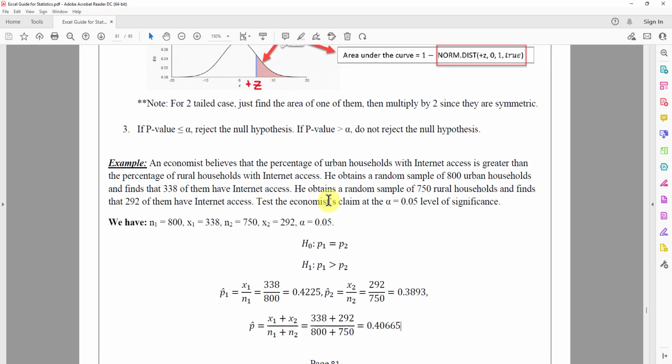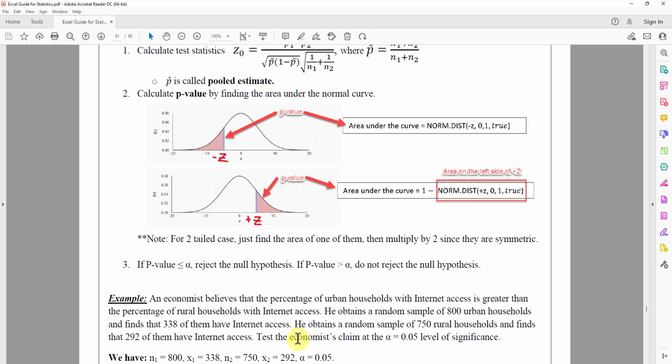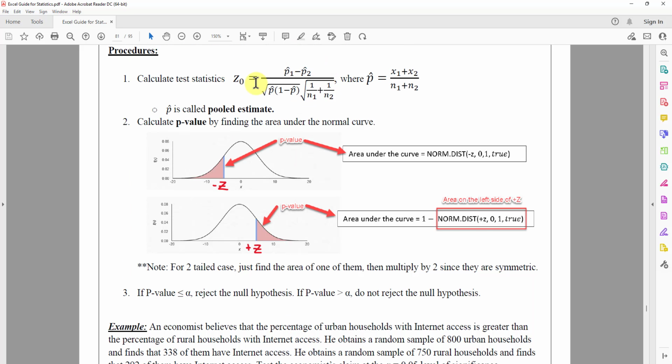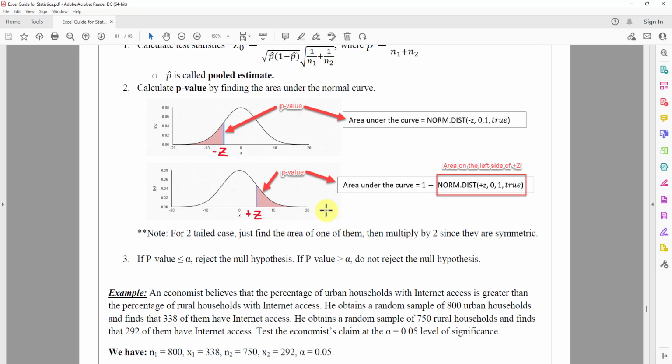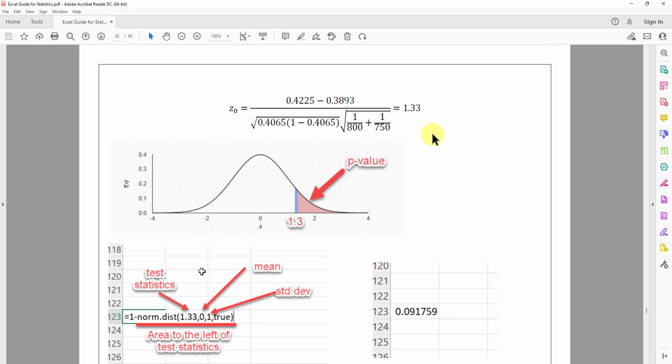We get the values from these, and then we use the formula p hat 1 minus p hat 2, divided by the square root of p hat times 1 minus p hat, times 1 over n1 plus 1 over n2. So I just plug everything into this formula, and I get 1.33.